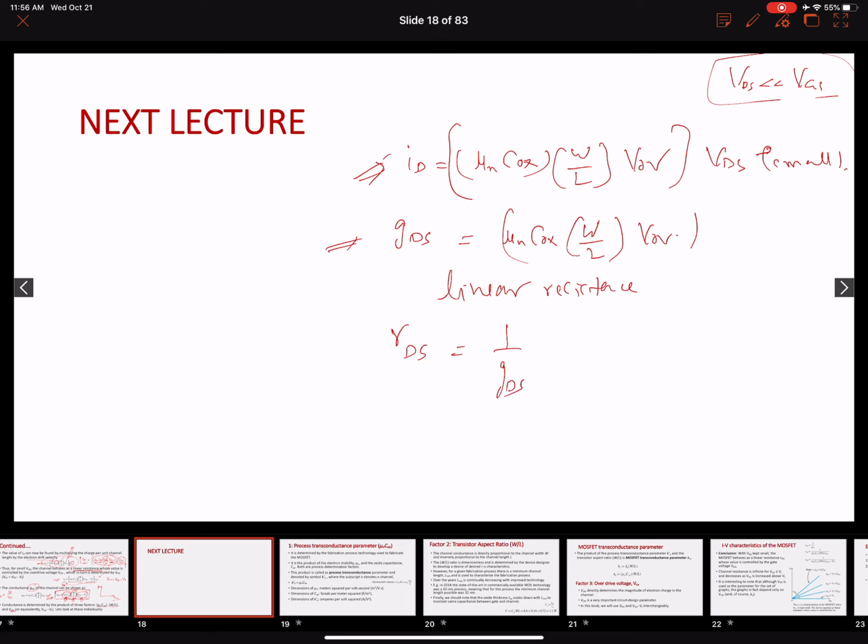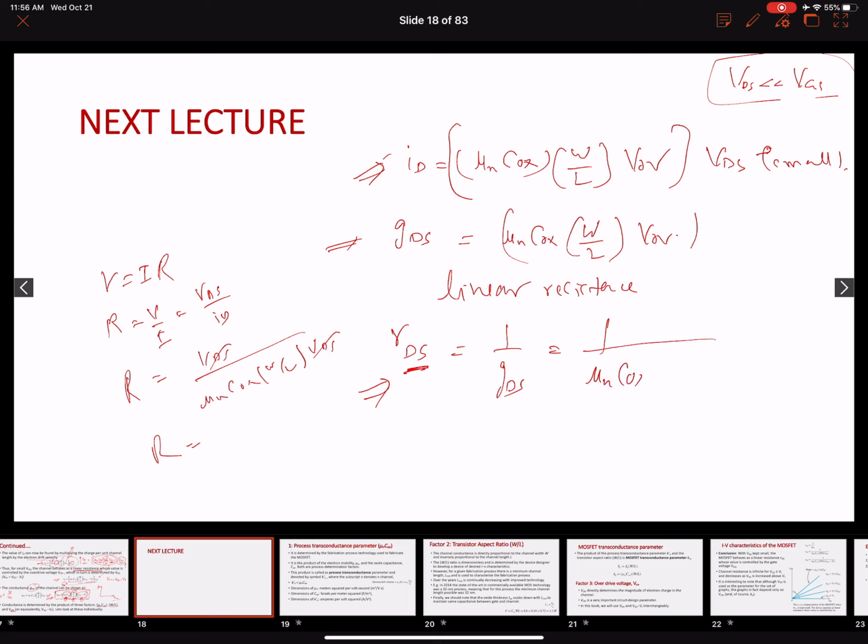Right, we know that V equals IR, so R equals V over I, so V is VDS over ID, right, so our VDS over ID is this whole thing, mu n C ox W over L into VOV, so this will be the resistance that you get, right? So our resistance of the channel, in between drain and the source, which is essentially along the channel, will be 1 over GDS, which will be 1 over mu n C ox W over L and the overdrive voltage.